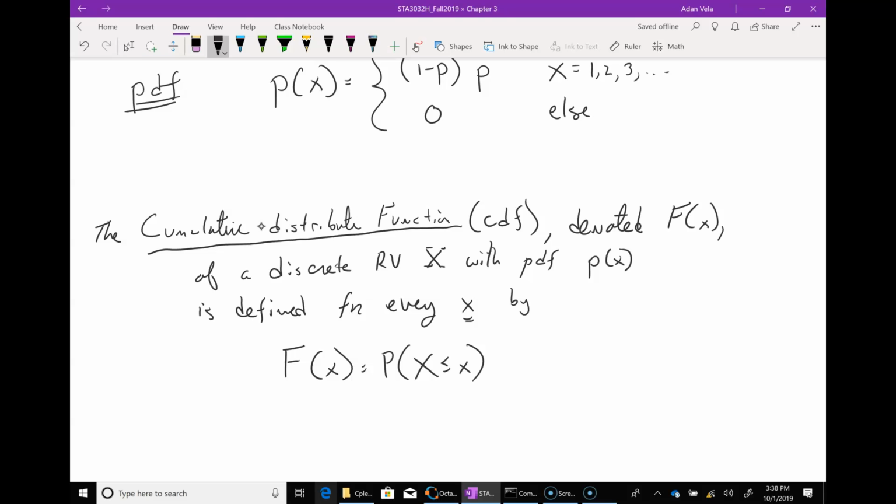So F of x is going to be equal to the probability that a random variable is less than some value x.